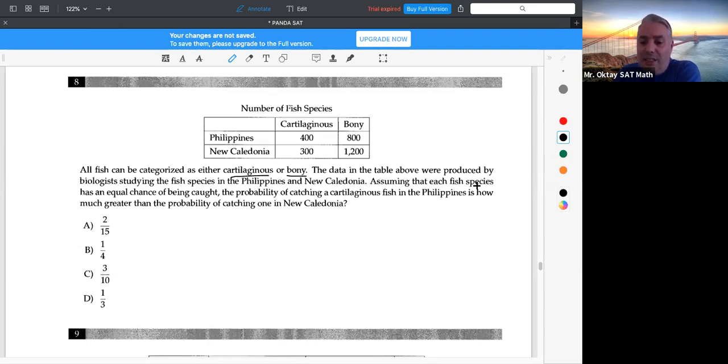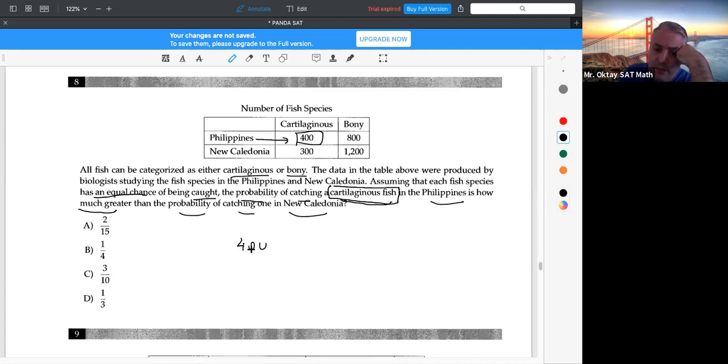Assuming that each fish species has an equal chance of being caught, the probability of catching this kind in the Philippines is how much greater than the probability of catching it in New Caledonia? So we should find two probabilities. How can I find the probability to catch this kind of fish in the Philippines? So the Philippines is here, and this kind is here.